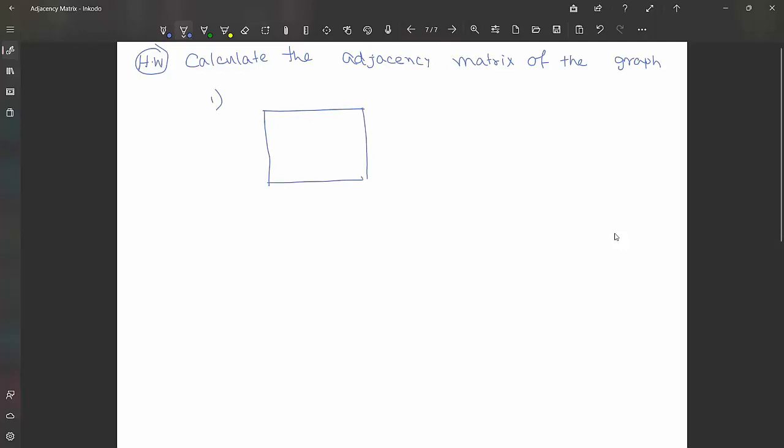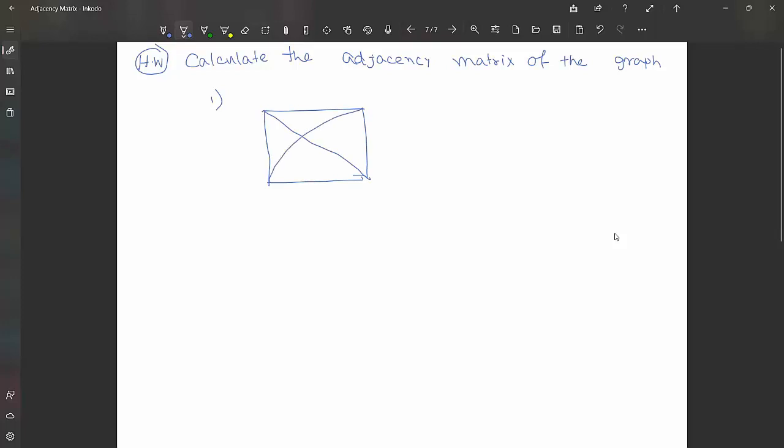Now just write this down. First, calculate the adjacency matrix of the following graph. So this is the first graph, number 1. Take it this way.